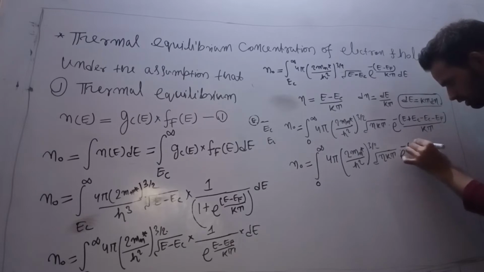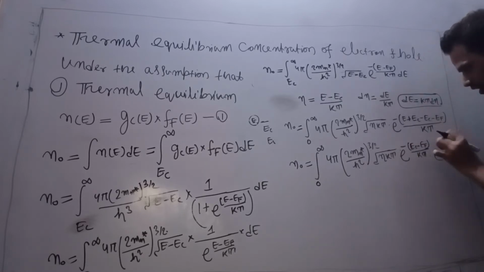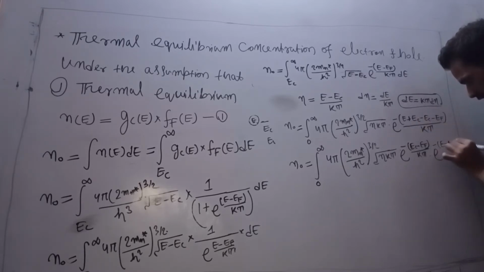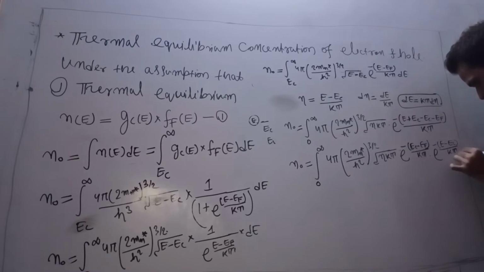Okay, ec minus ef by kt, this is one factor, and another is what? E minus ec by kt. Okay, into de is how much? kt into d eta.